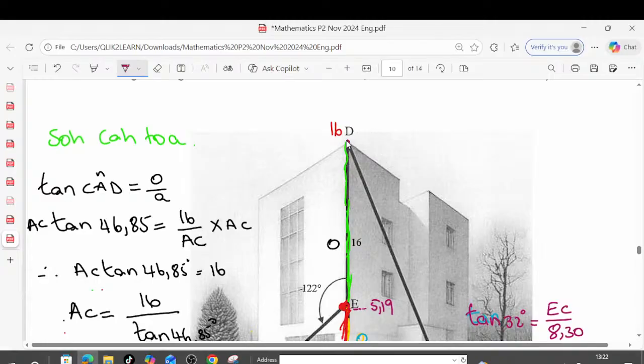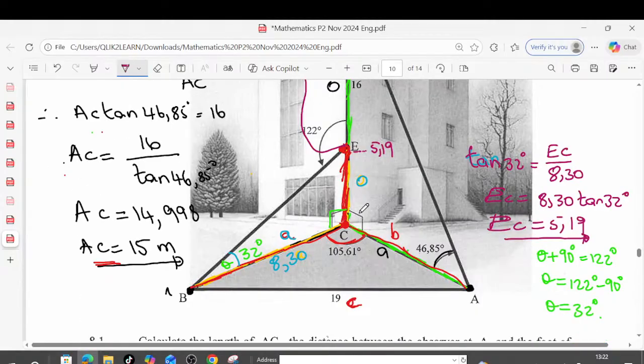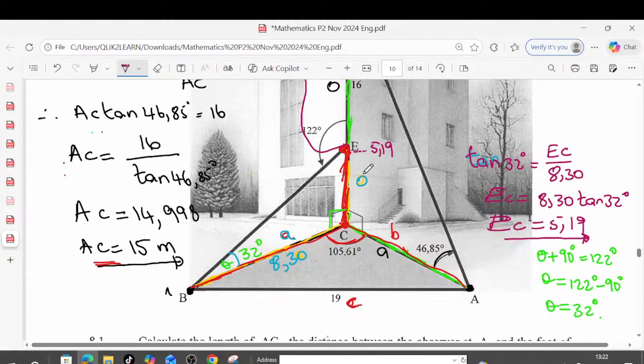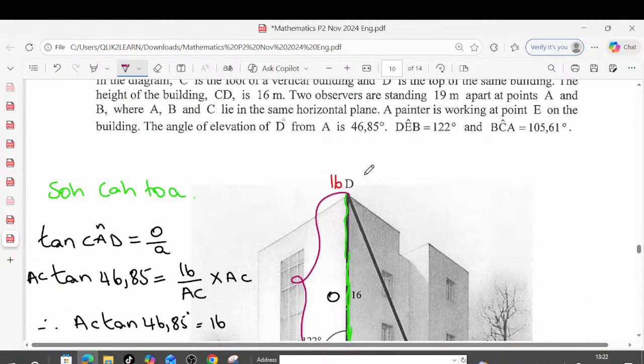So what they're asking is how far is this distance here from E to D, and we cannot find E to D if we don't know what EC equals. So to find E to D, we know that DC is 16, and now we know that EC is 5.19.